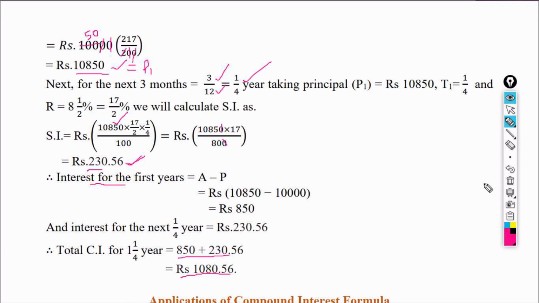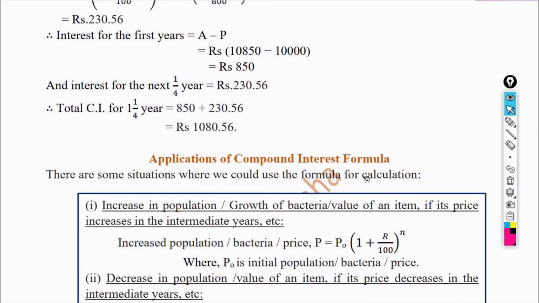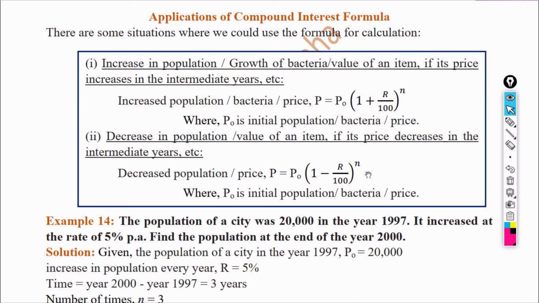Now let us come to the next question. But before that, the application: when and where we can use these. In your book you will get some questions on population, bacteria, and price, increasing or decreasing over intermediate years.